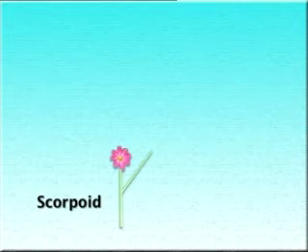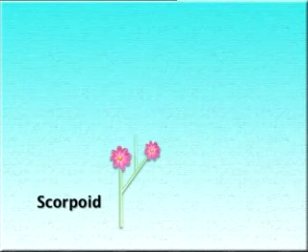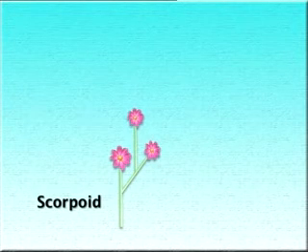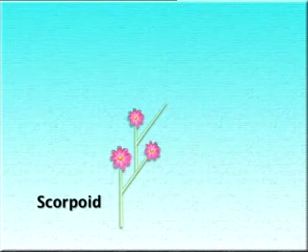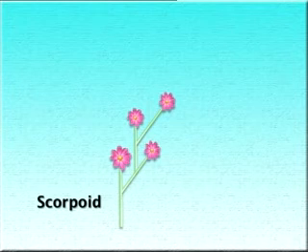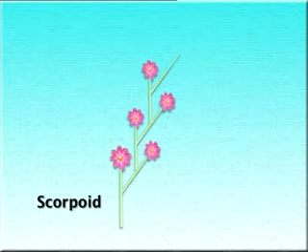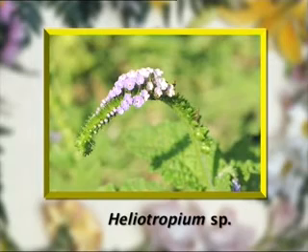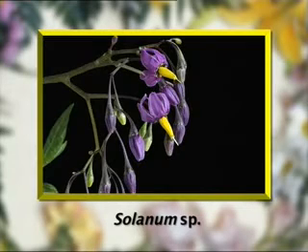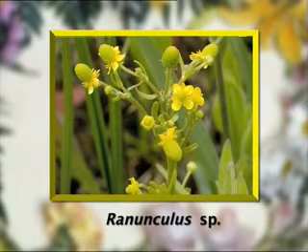The second type of monochasial cyme is the scorpioid monochasial cyme, in which the successive lateral branches develop alternately on either side, that is to the right or left side of the main axis, but in a zigzag manner, as we can see in Heliotropium, Solanum, Ranunculus, etc. Scorpioid monochasial cymes are again of two subtypes.